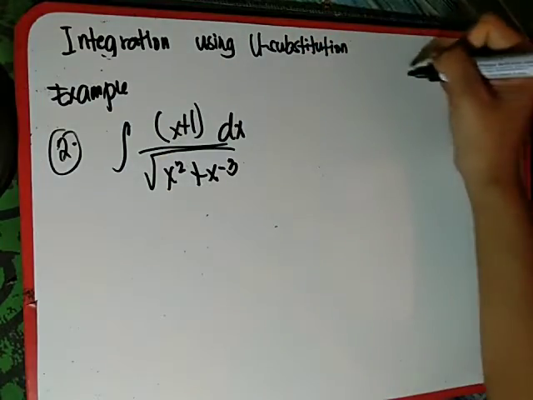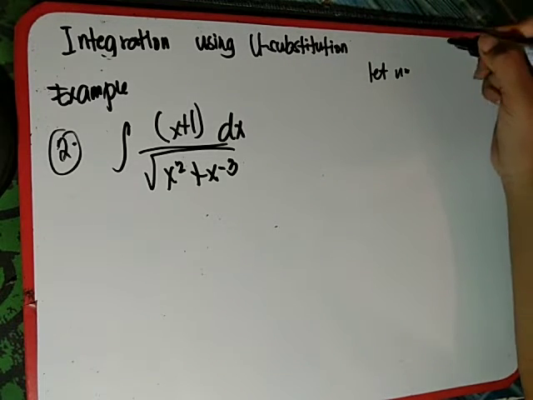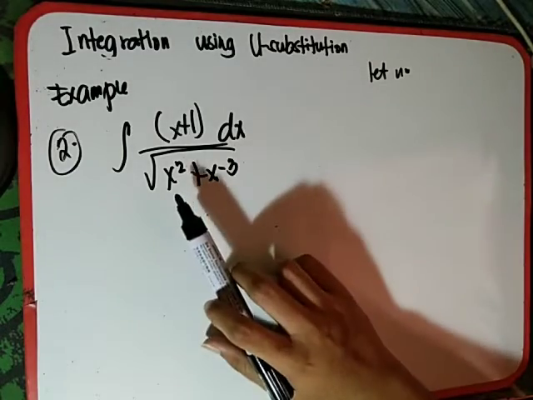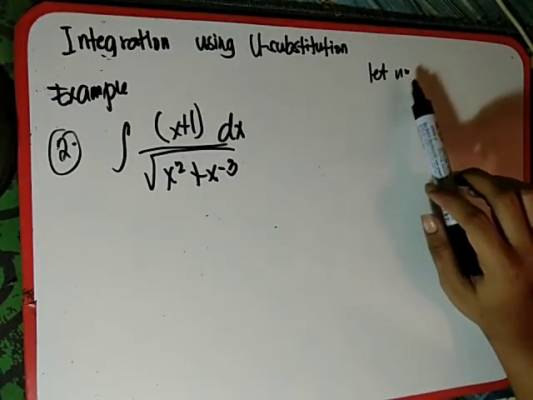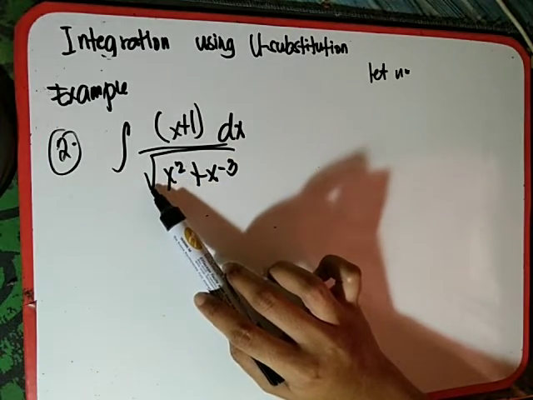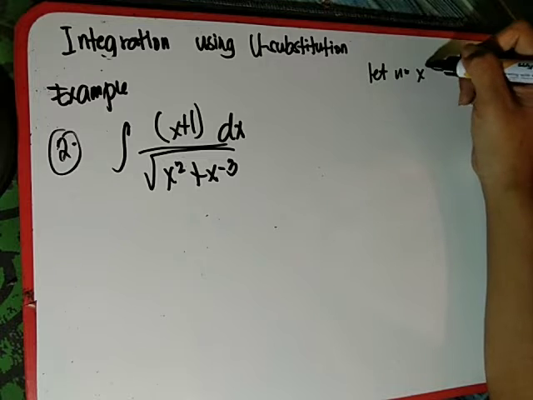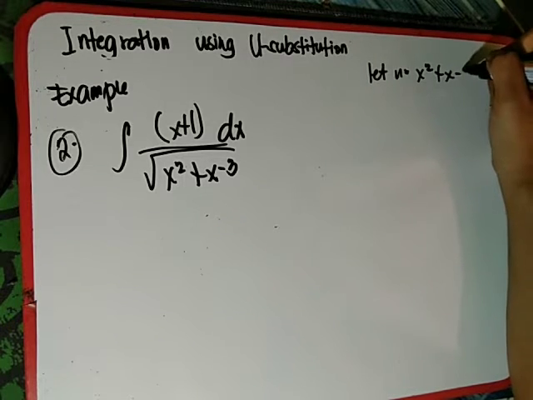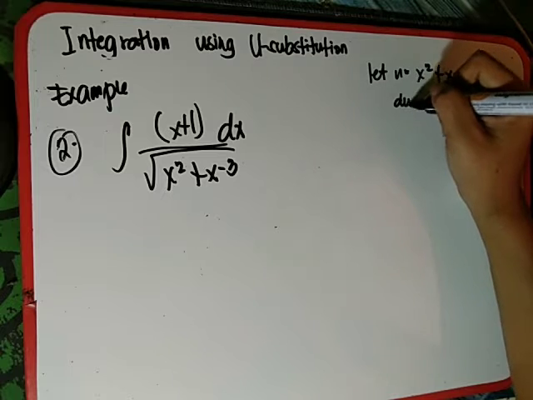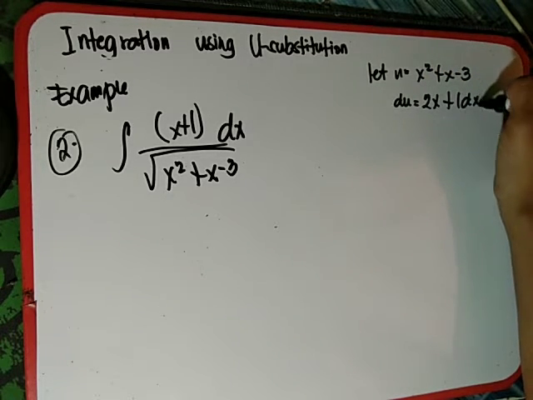Let u be, as I said earlier, our u can be found at the denominator or in the square sign. So we have x squared plus x minus 3, and the du is 2x plus 1 dx.